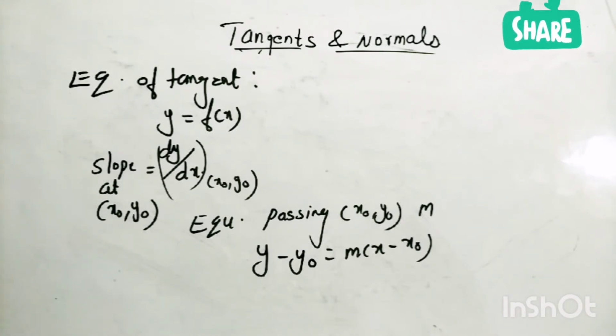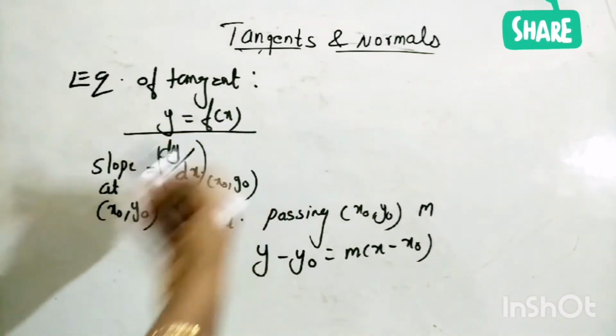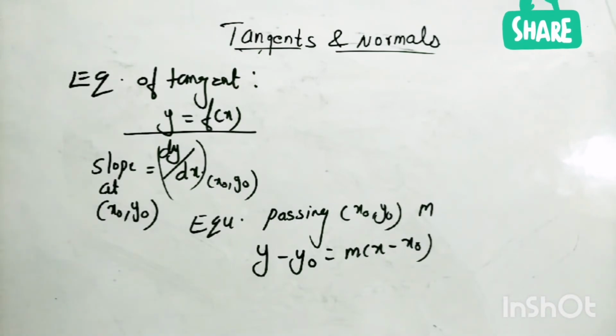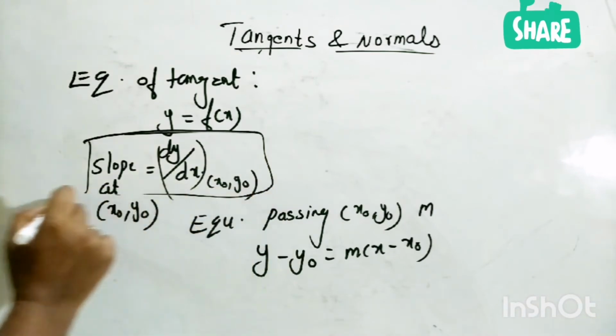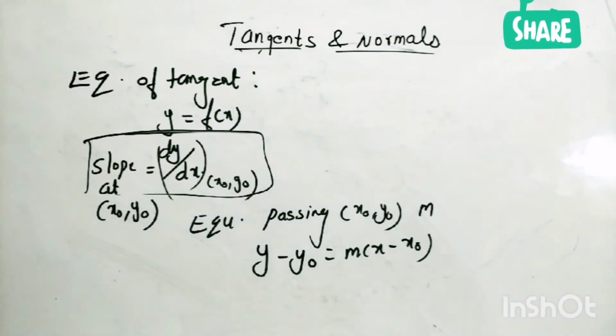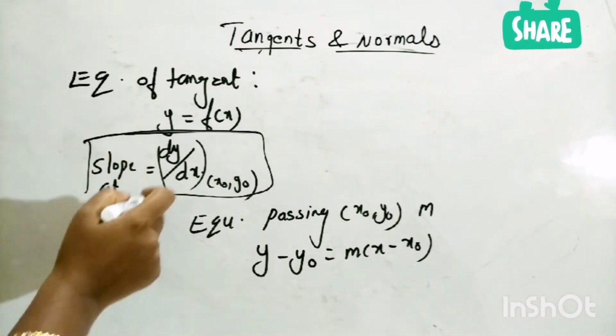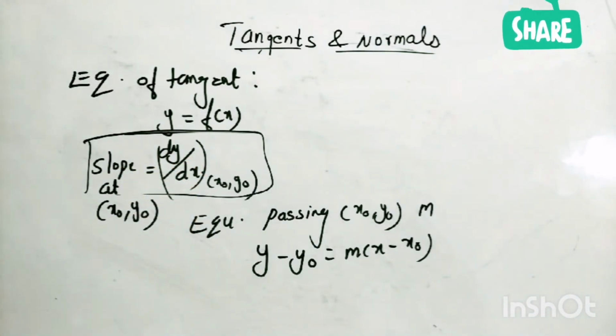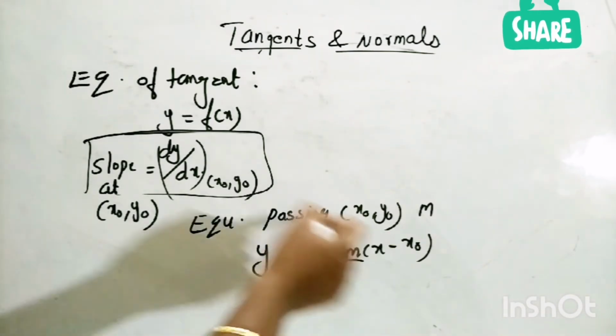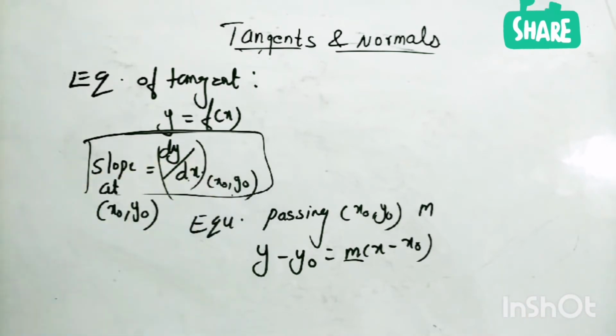We are going to derive the equation of the tangent to the curve y is equal to f of x by using this equation. If we are taking the point x naught comma y naught, then the slope at x naught comma y naught is dy by dx at x naught comma y naught. So we need to replace this m by dy by dx at x naught comma y naught.